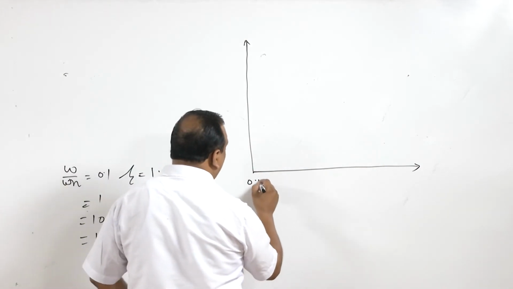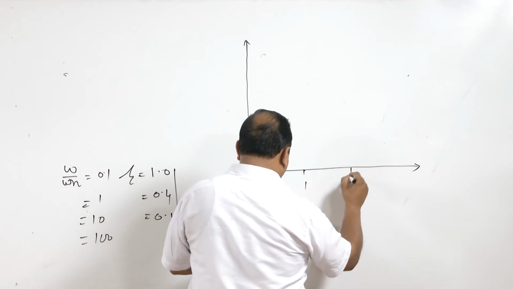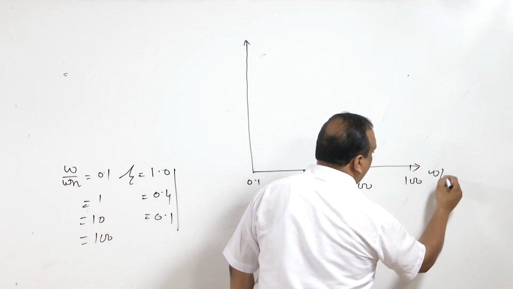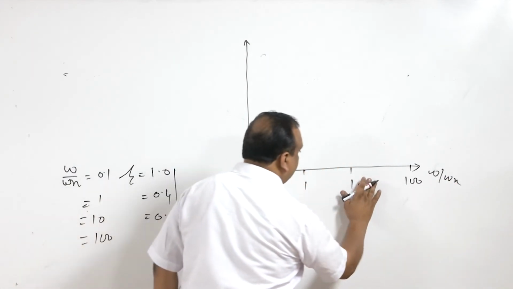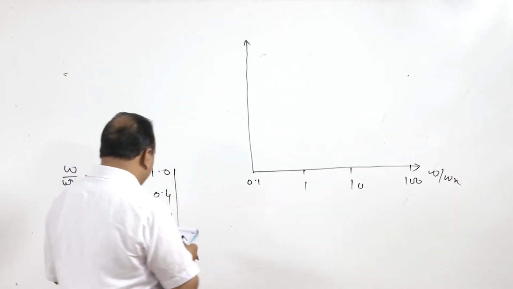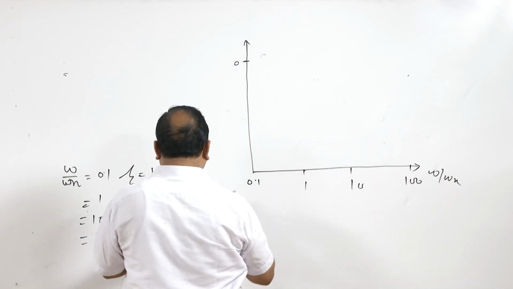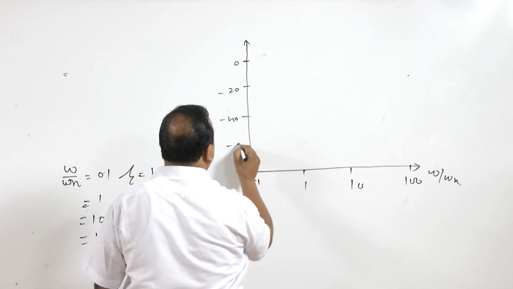Here it is 0.1, this is 1, this is 10, this is 100. This is omega by omega n. On the y-axis, we will start from 0, and then minus 20, minus 40, and minus 60.